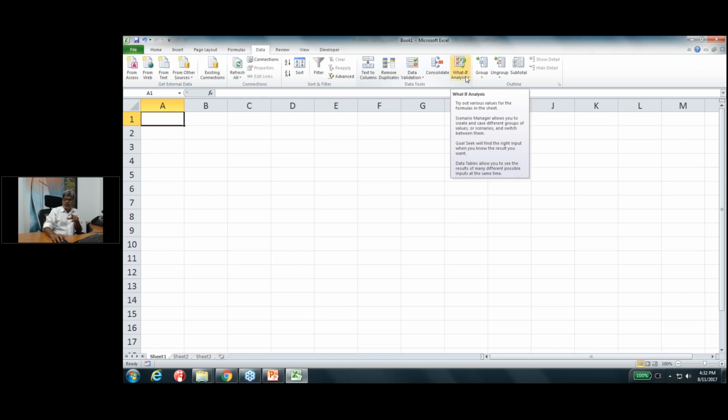If you have 2013, 2016 or 2007, you will all find what-if analysis in the data tab in the data tools group. If you click that, you will find three options: scenario manager, data table, and goal seek. I will focus only on one, that is data table.